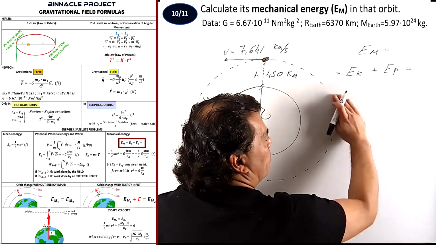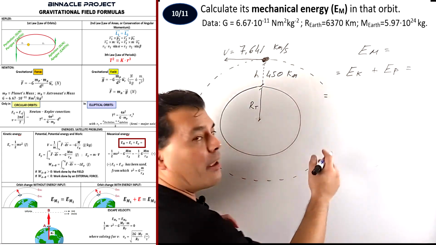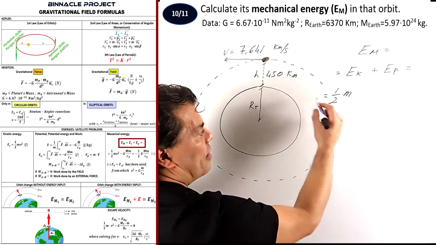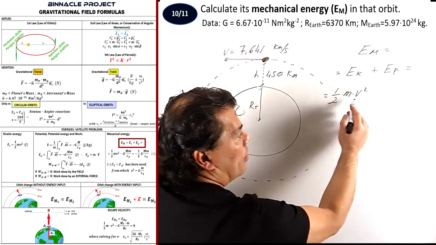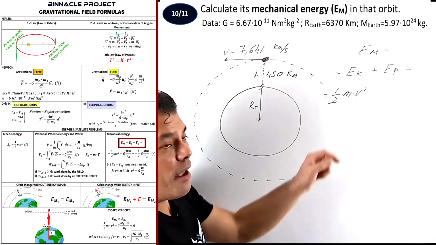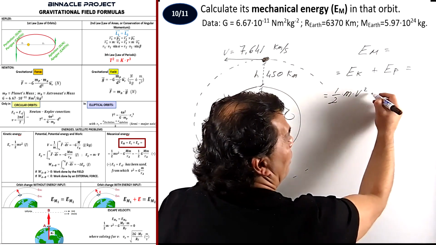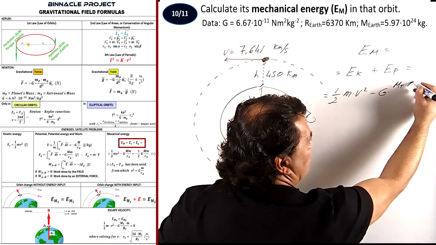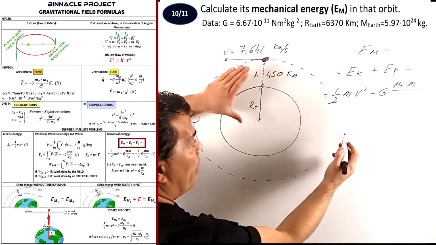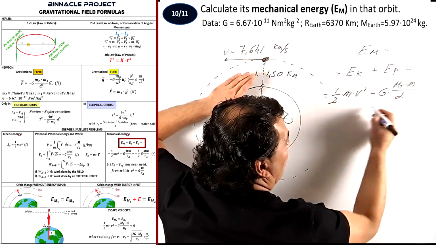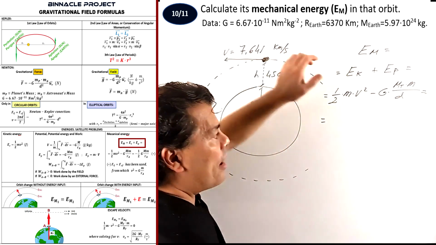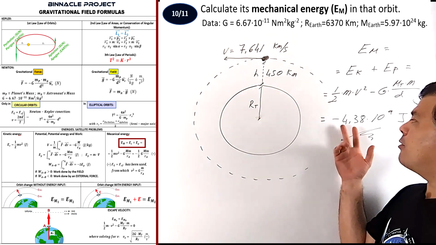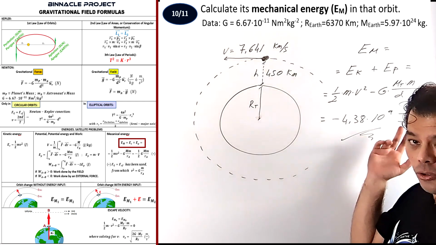And we are just placing the formulas, and we have 1/2 times the mass of our satellite multiplying the square of the velocity. And potential energy, negative G, multiplying the mass of the planet, the mass of our satellite, divided by the distance. And now it's time to use our calculator, and that's it. Hope you obtained negative 4.38 times 10 to the 9 joules.